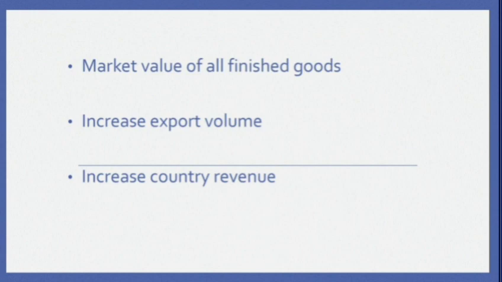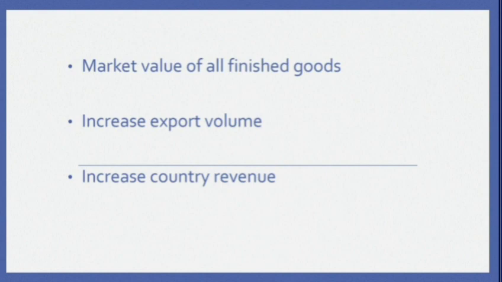So GDP is the market value of all finished goods. If the GDP is increased, the value of all finished goods is also increased, and then export volume increases, because if the GDP is increased, export volume will also increase because it is the market value for the product.